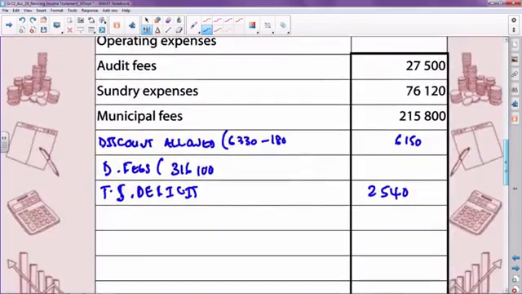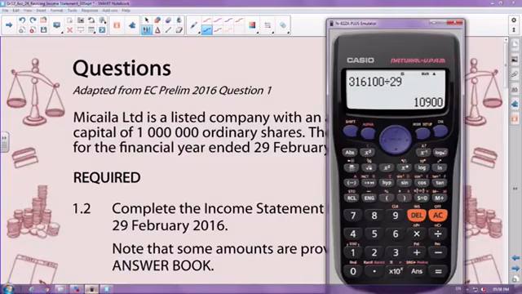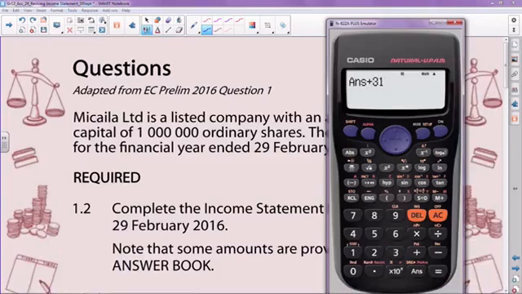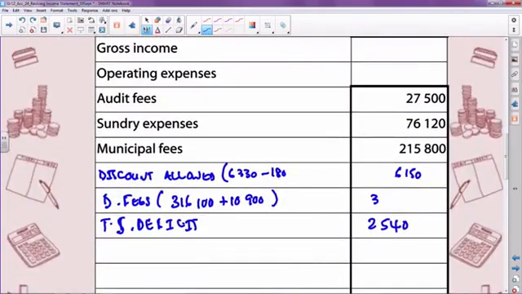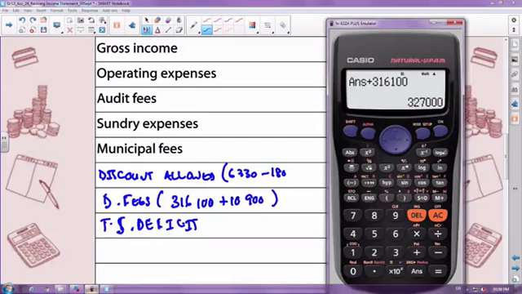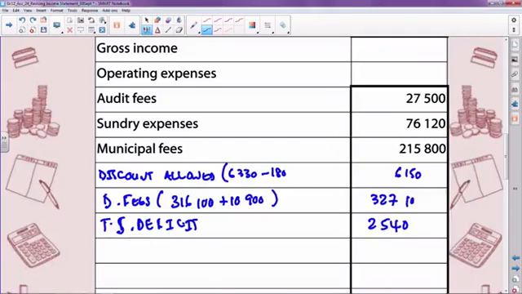So we add that together: 10,900 plus the 316,100 to give me a final figure of 327,000. What was the figure? Let's just identify it before we put the wrong figure in there. 327,000.